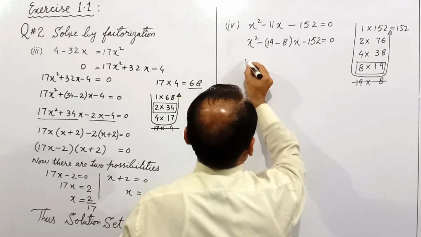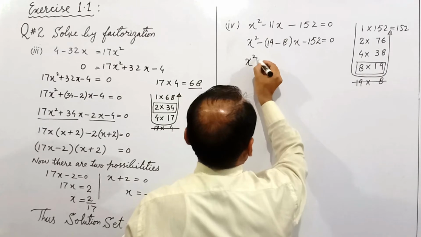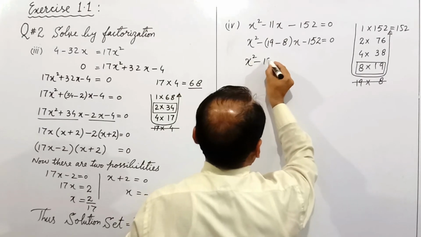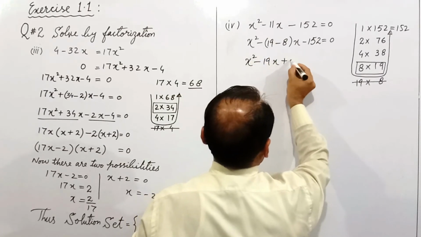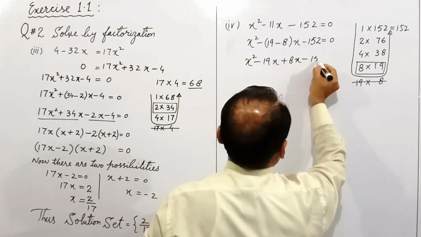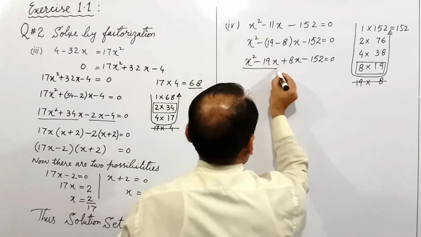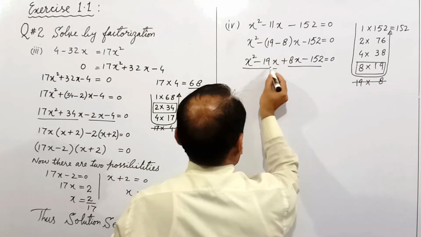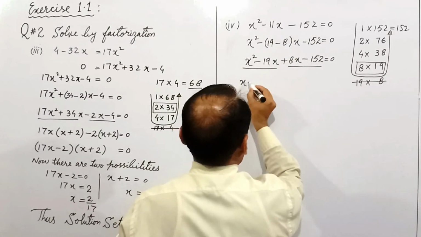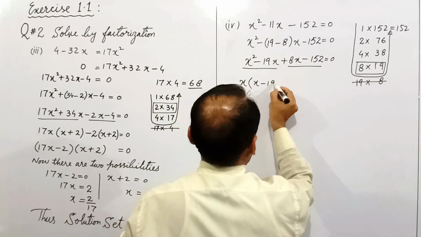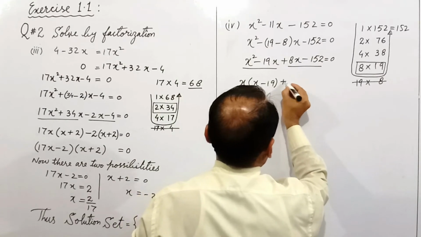So now we move to the next step. x² − 19x + 8x − 152 = 0. We make the pairs and we take the common. x is common in the first pair, x − 19 is the remainder.